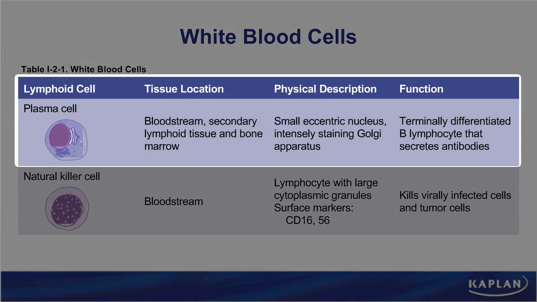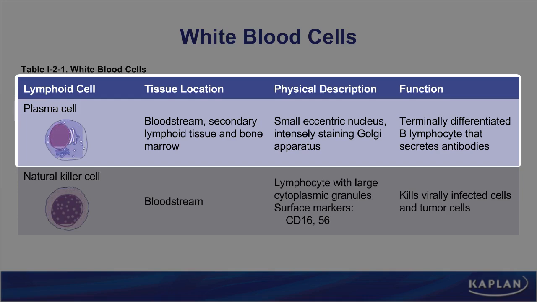Immediately think it is a plasma cell. There's one other characteristic that helps identify it: adjacent to that nucleus is a very, very intensely staining Golgi apparatus, because of the high turnover of antibodies by the plasma cells.